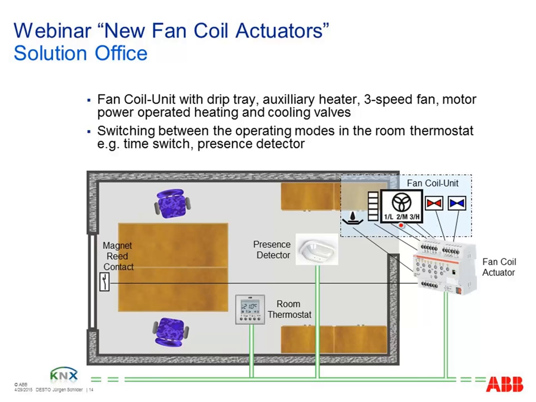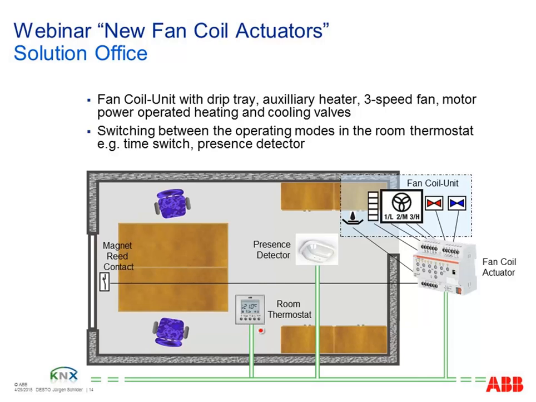Our 3 relays to control the fan speed. An optional relay to control, for example, an electrical heater. And we have binary inputs, in this case for the window contact, and here a condensed water sensor, for example, which detects any condensed water in the system, which can be dangerous for the fan coil unit. Then it will be detected and the system can be shut down, for example.